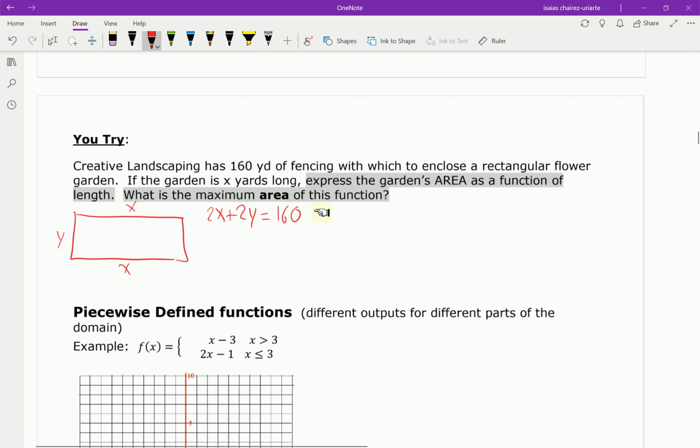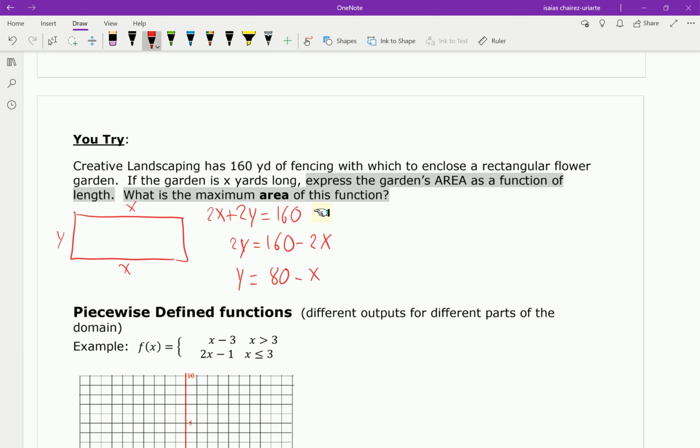Let me leave everything in terms of x. So let me solve for y here. 2y is equal to 160 minus 2x. And so then y is going to be equal to 80 minus x.